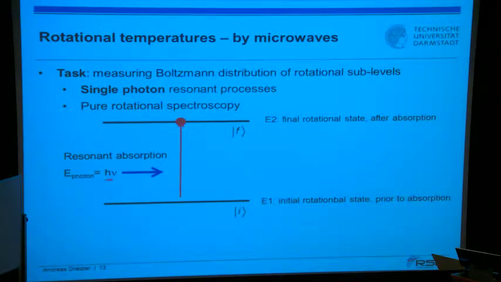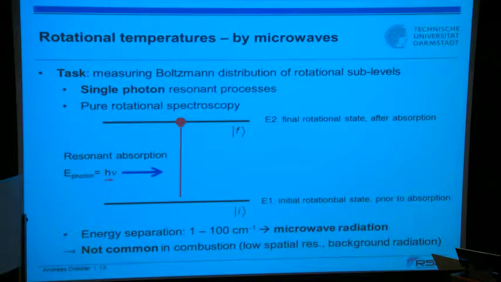And that means, in principle, you could use microwaves directly. The problem is, it is not common in combustion diagnostics, because microwave radiation cannot be focused very well. That is one reason why the spatial resolution is not very high.